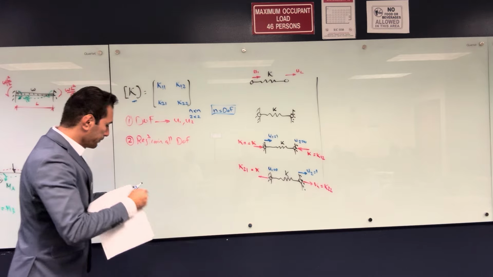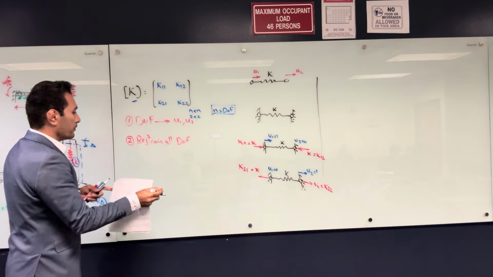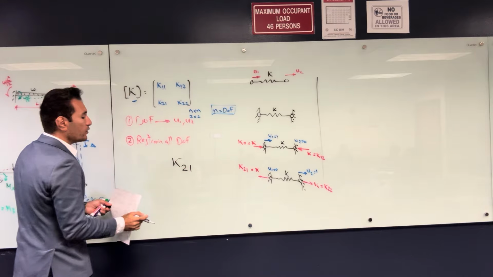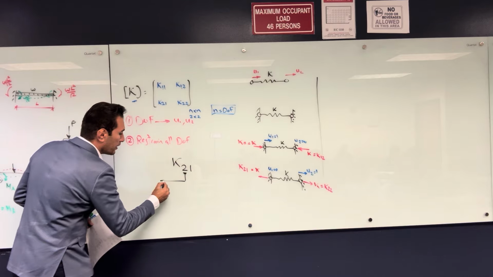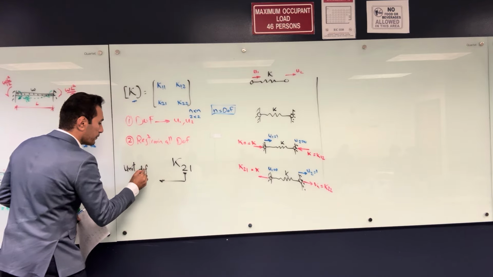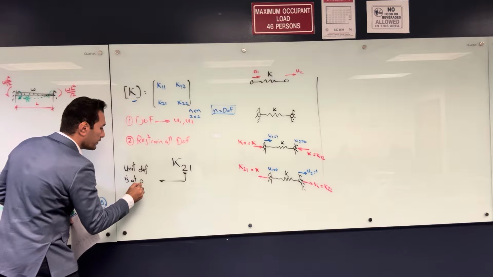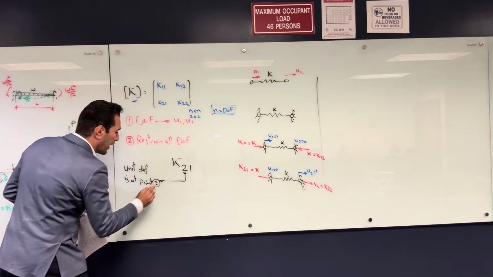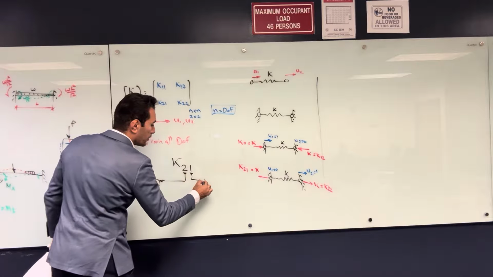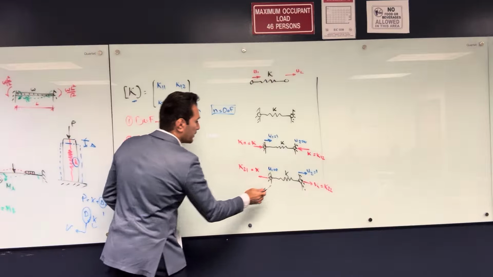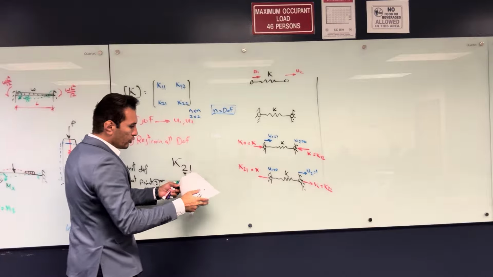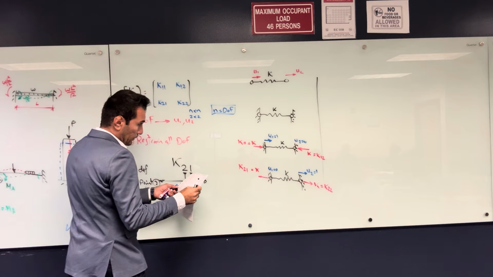So let's put it here. I'm going to put the K. Let's say K21. The 2 means the unit deformation is at point 2, or at U2, right? And 1 is the point that I'm looking at, like the deformation at U1.